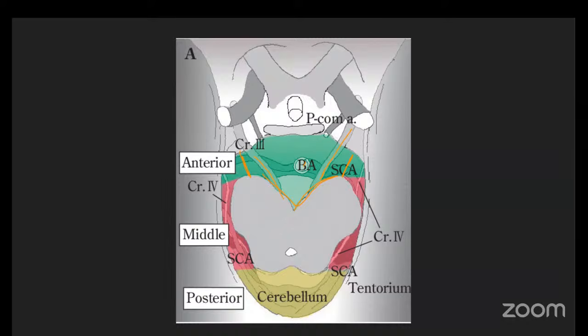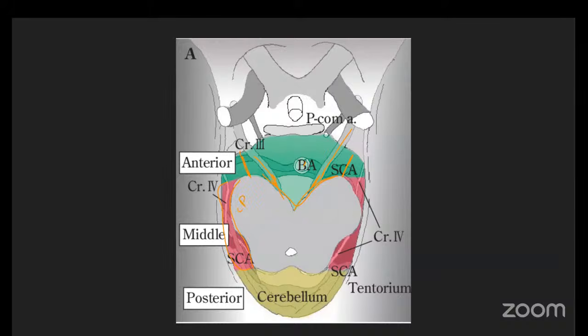But in the anterior space, since basilar is here, cranial nerve 3 is here, and the PCOM is here, anterior choroidal artery is here. Then we have the middle incisural space, which is between the temporal lobe and the cerebral peduncle, mostly, because this is the cerebral peduncle, right?